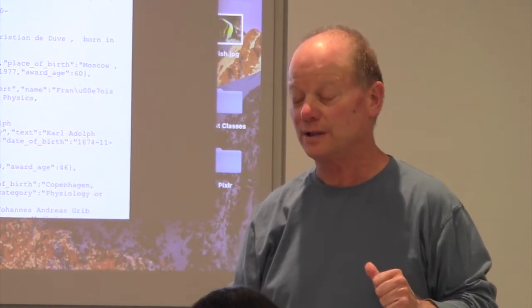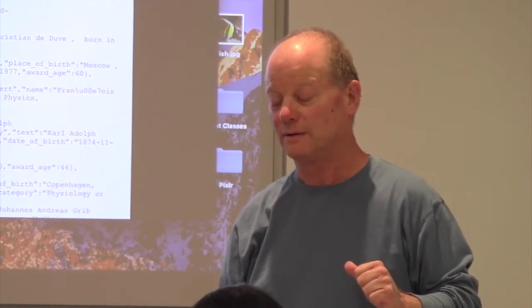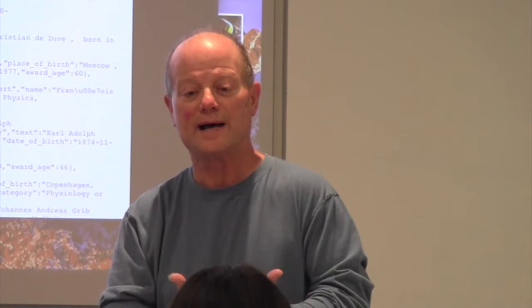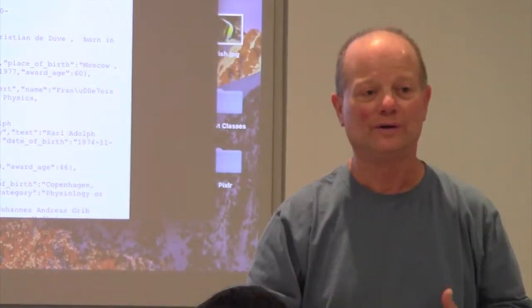there's 5 or 6 categories. I think there's 6 now. Peace was added. That was the last category, right? There was always physics, chemistry, economics, peace, literature, and one for physiology or medicine.